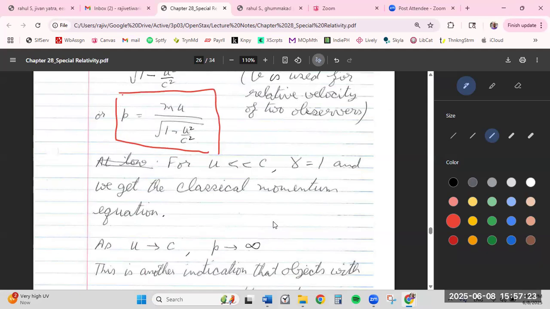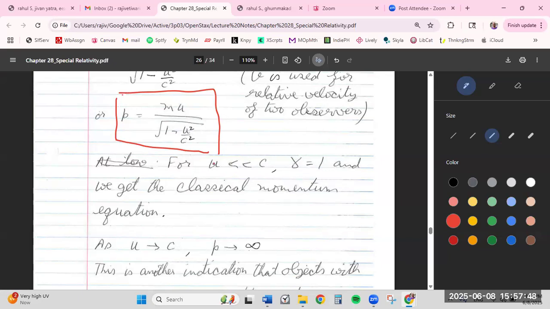Now, as you've seen in the past too, if objects are moving at non-relativistic speeds, much slower than the speed of light, then results of relativistic physics basically go back to what classical physics says.